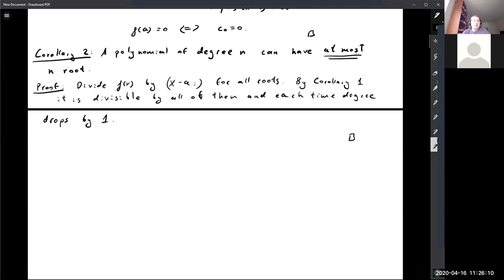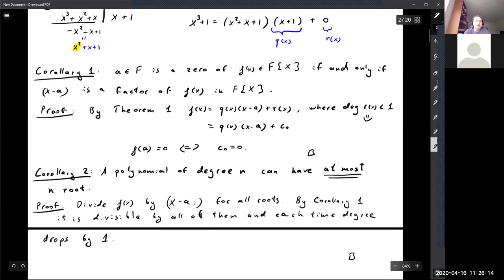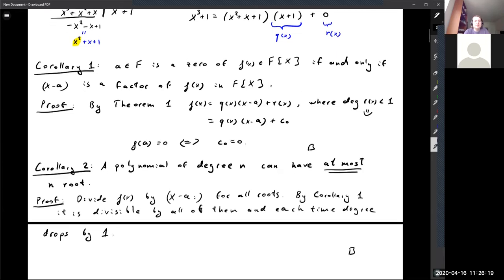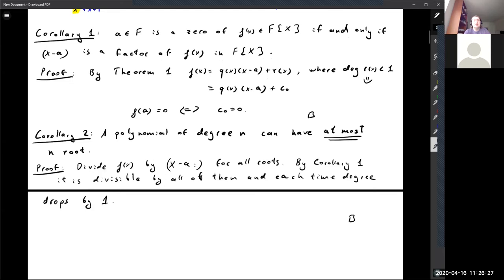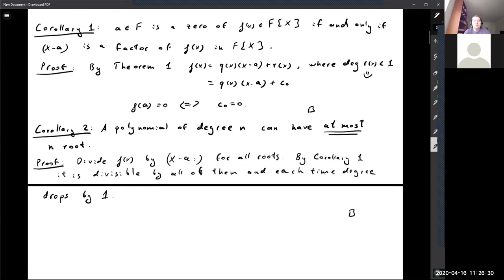Okay, so that's fairly easy. You've probably been familiar with these corollaries long before you were enrolled in the abstract algebra class. But now the interesting thing is that we can study some number theory questions using polynomials over finite fields.